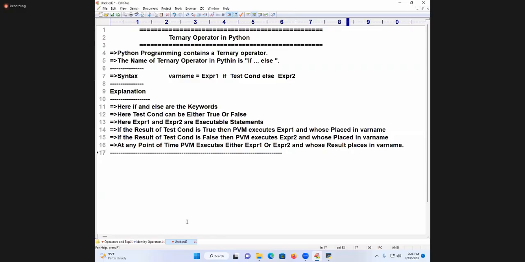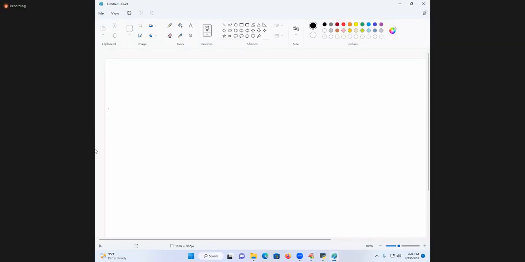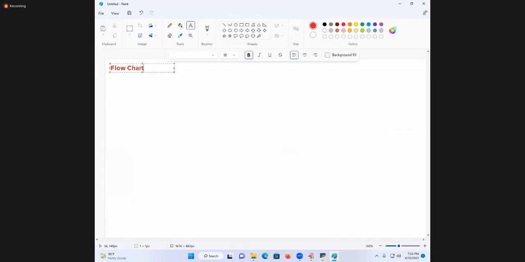I will draw one small flow chart also for your better understanding. Try to listen, students. After this, I will write the big coding today. So here I am writing the flow chart for ternary operator.